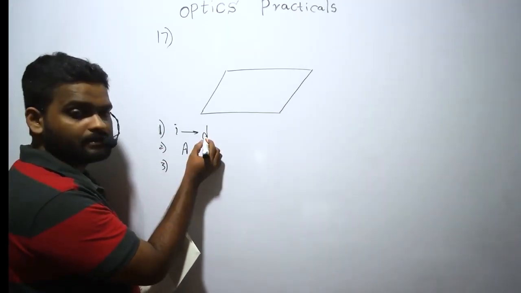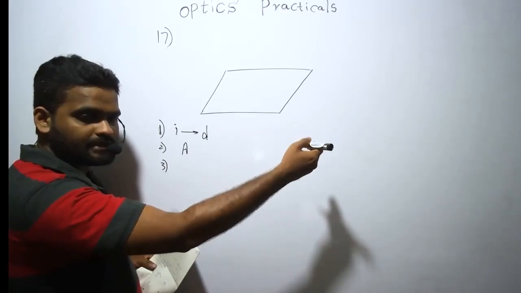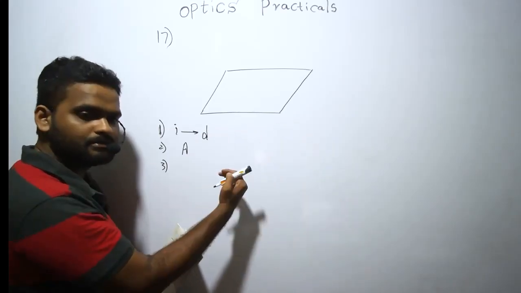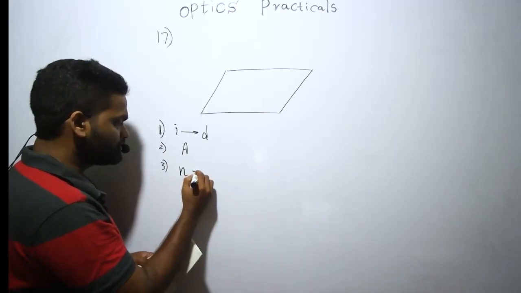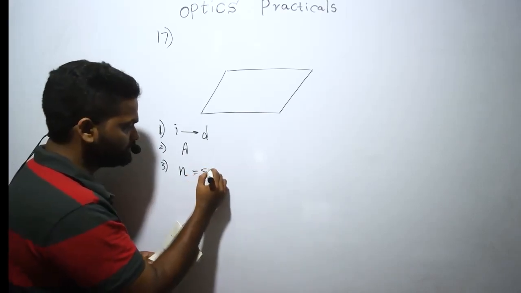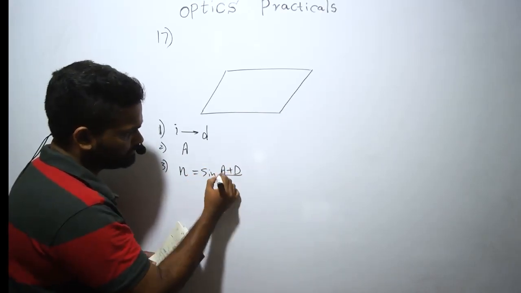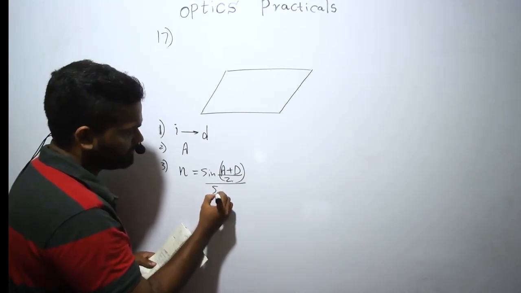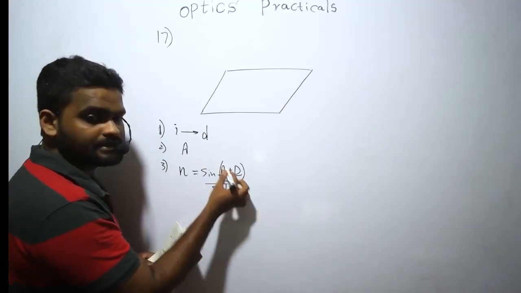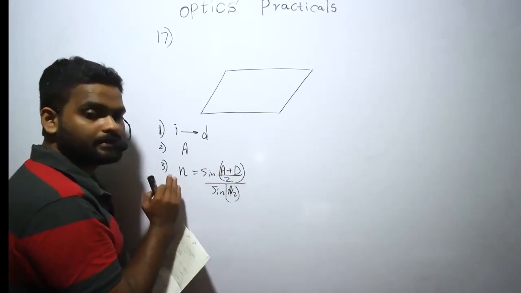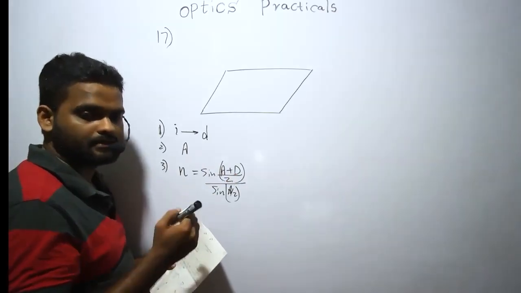Since we know the angle of deviations in each case, then you can find the minimum angle of deviation, which is d min. So once you know d min, by substituting those values in this equation, you can find the refractive index of the prism material.